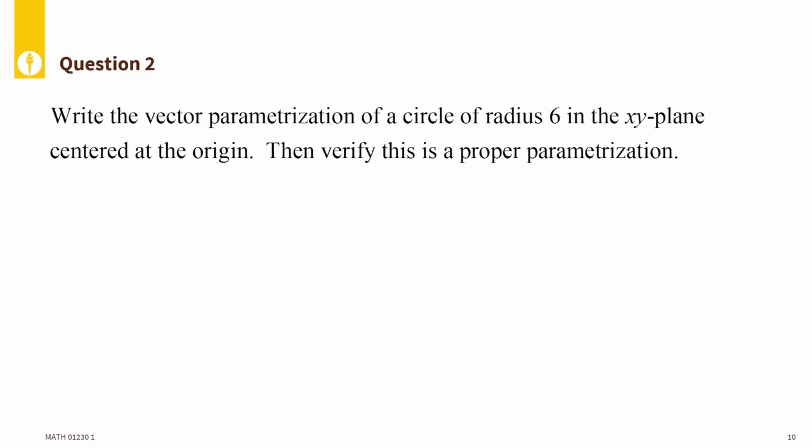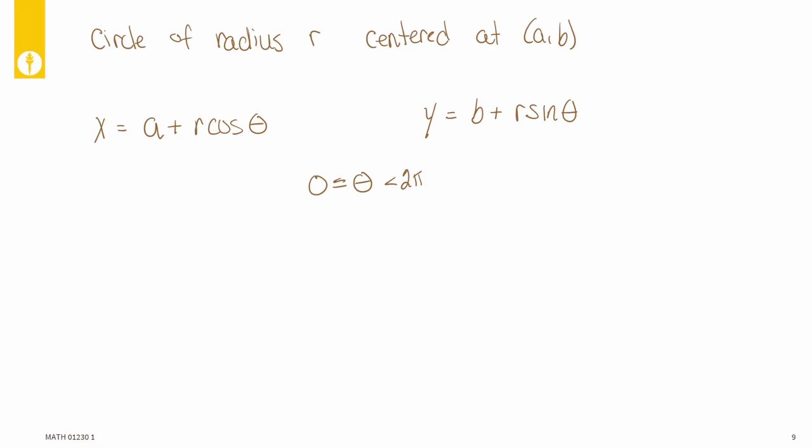So let's relate that to here. Let's move that up. X component: a plus R cosine theta. What's a?